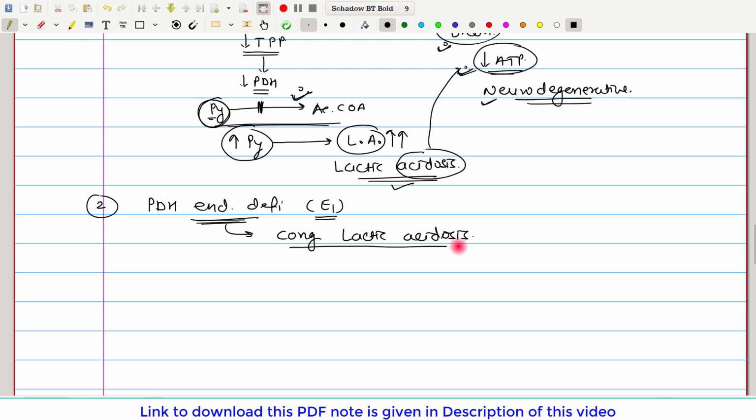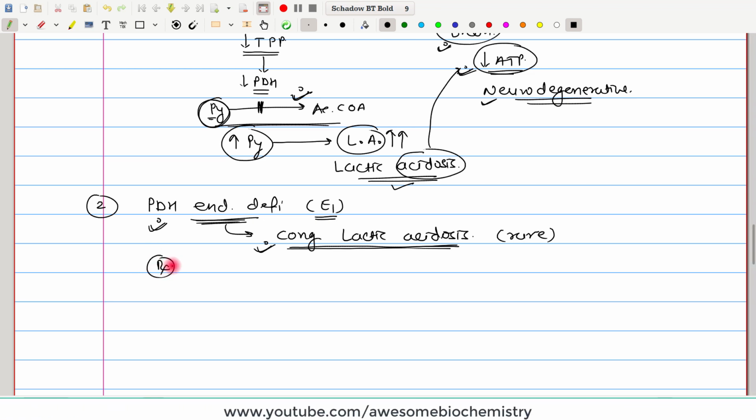Congenital lactic acidosis is a very rare disease, but although it is rare, its most common cause is pyruvate dehydrogenase enzyme deficiency. So here what will be the treatment? As such, there is no definitive treatment, but yes, we can treat this patient symptomatically.